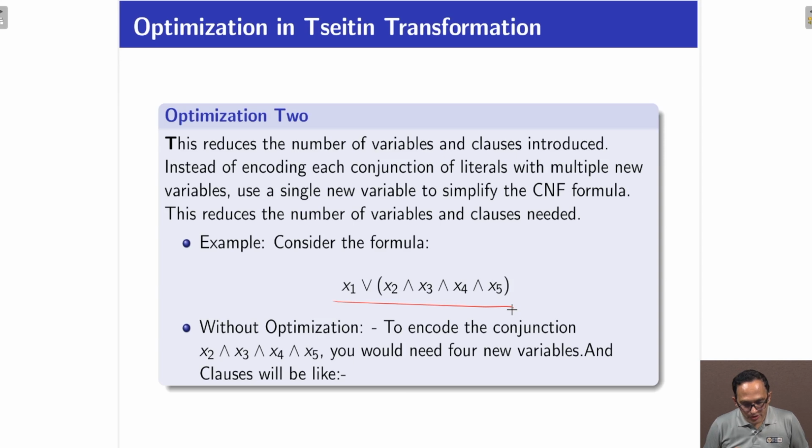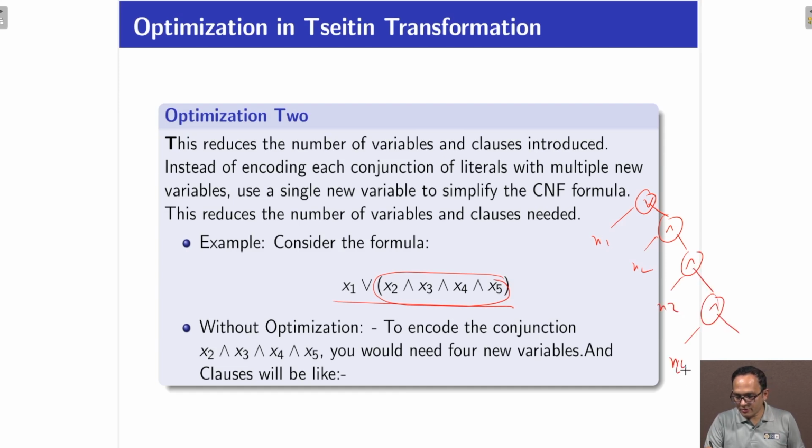Here, this is a conjunction of literals with AND, but this is still not in CNF, right, this is actually in DNF. So, if I construct the AST for this, I will get OR x1, then AND x2 and x3, then AND x4 and x5, right. This is what I will get.